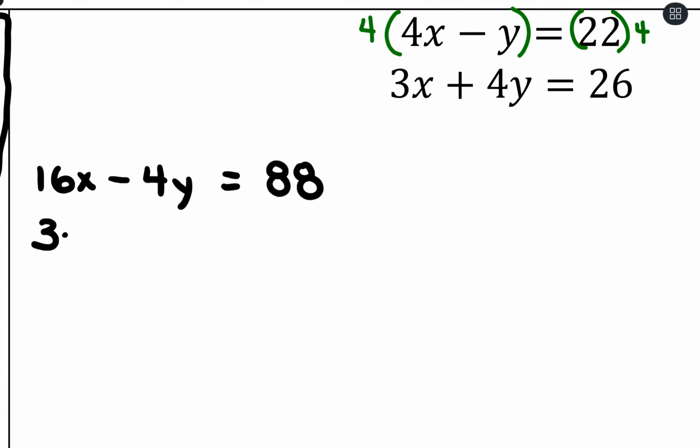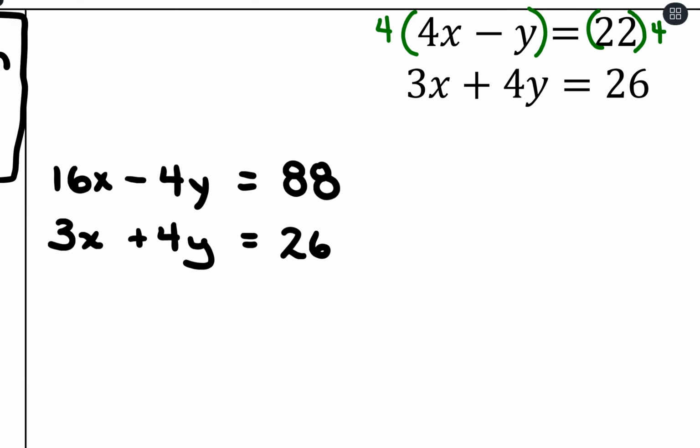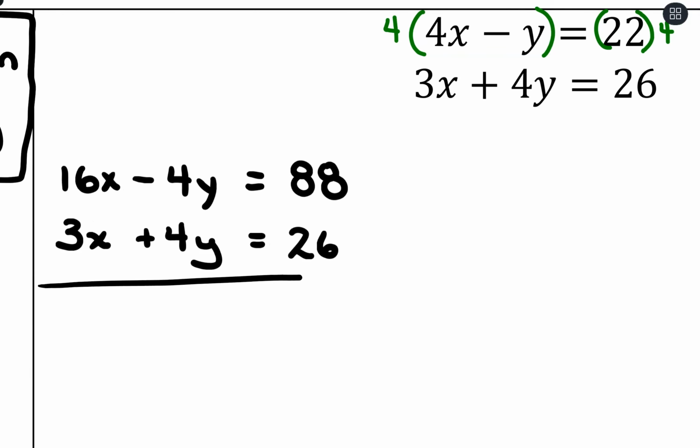And then we're leaving the other equation alone, because now we have our negative 4y and our positive 4y. So when we add these together, we'll have 16 plus 3 is 19, so we'll have 19x. Drop down the equal sign. Negative 4y plus 4y is 0, which is exactly what we want.